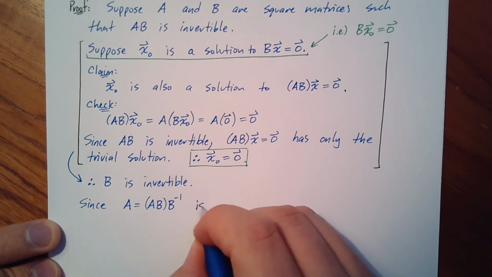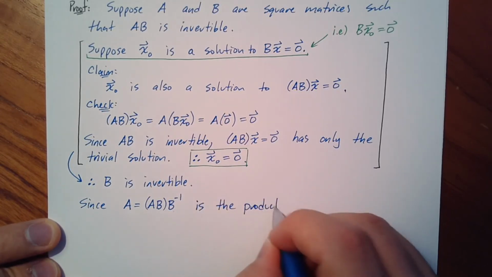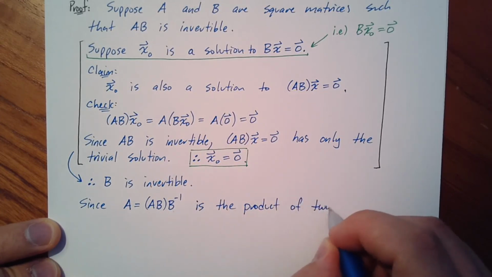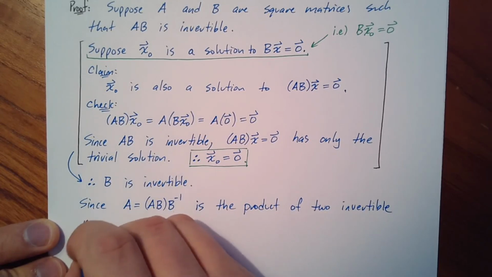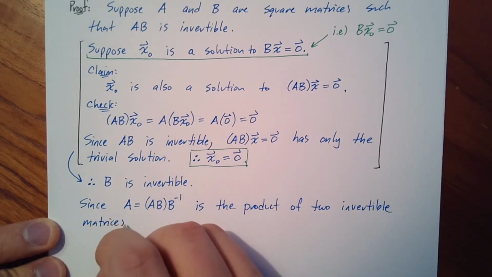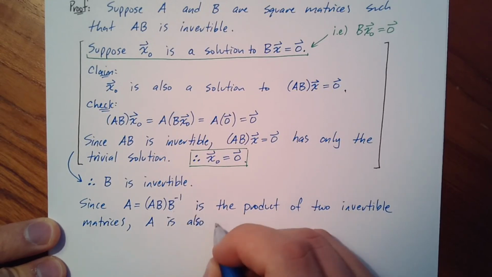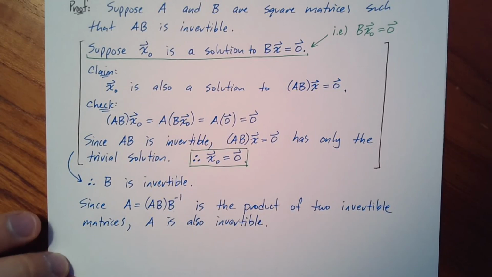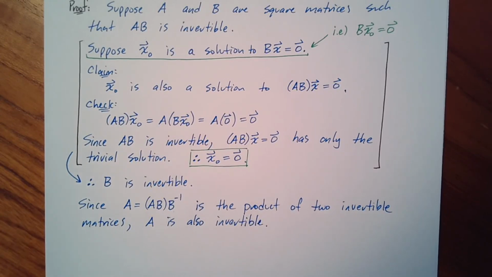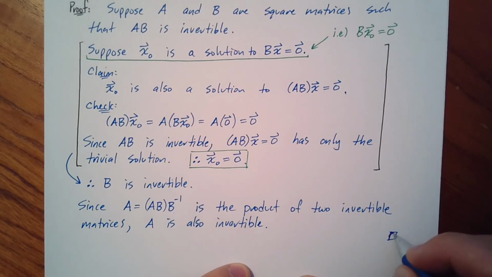So since A is the product of two invertible matrices, A is also invertible. Okay, and that's all we need. So that is the end of the proof, because we've shown that both A and B are invertible.